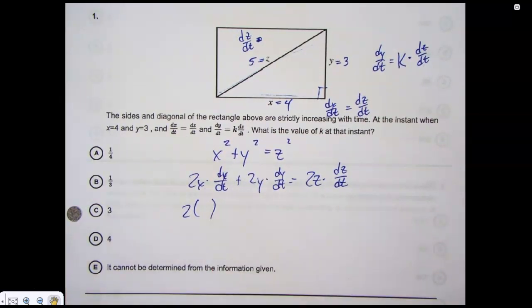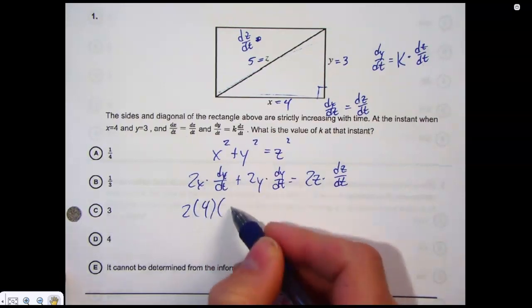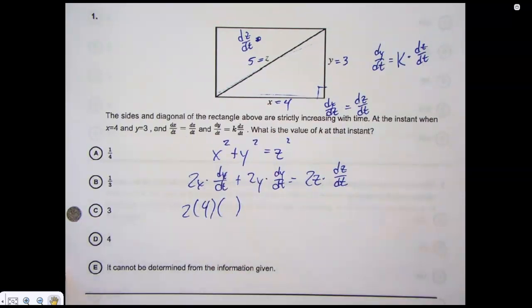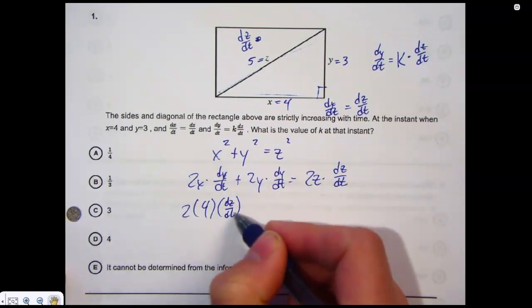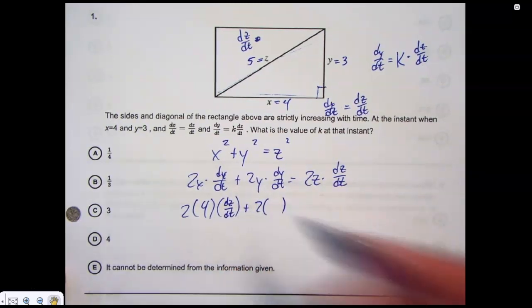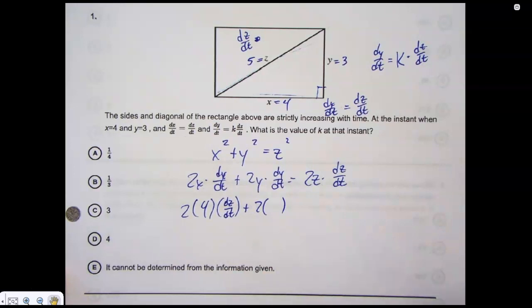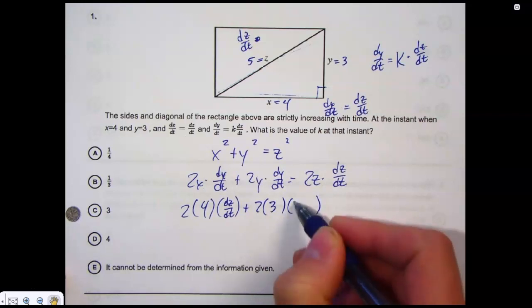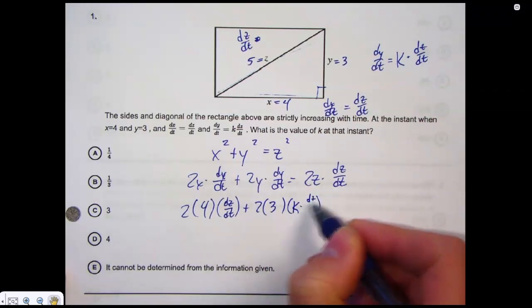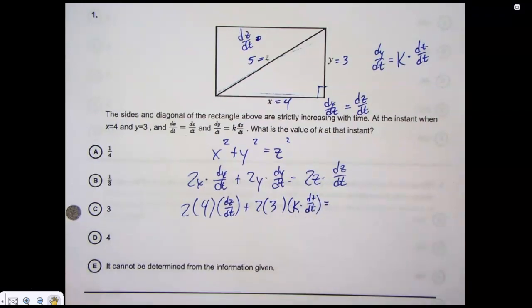So what's x? What's dx/dt? dz/dt. What's y? 3. What's dy/dt? k times dz/dt. Imagine walking into this class having no idea.